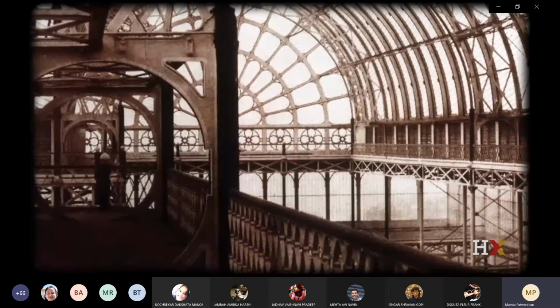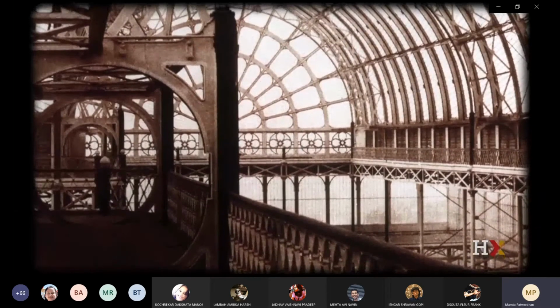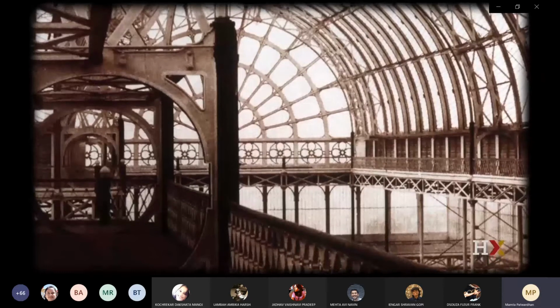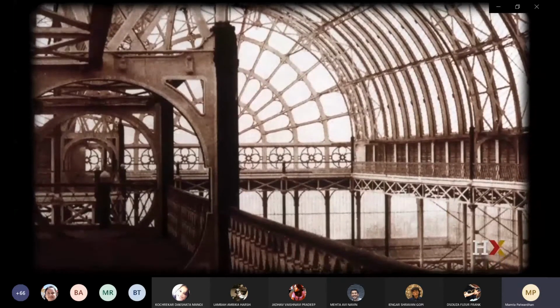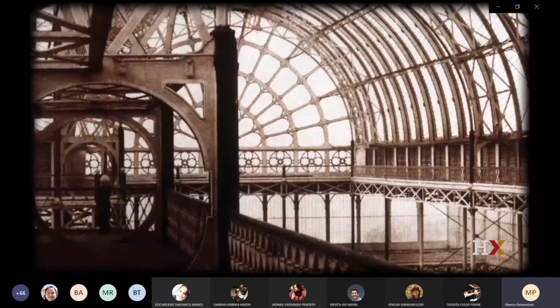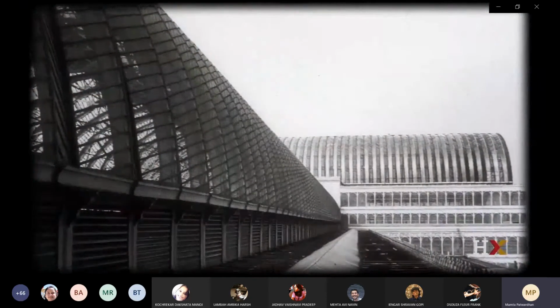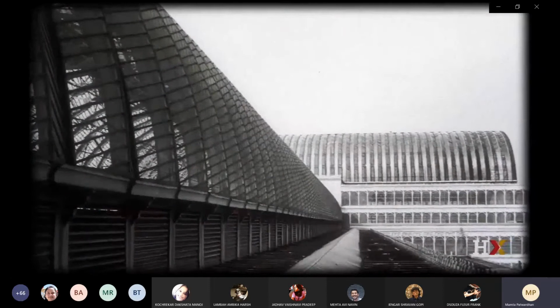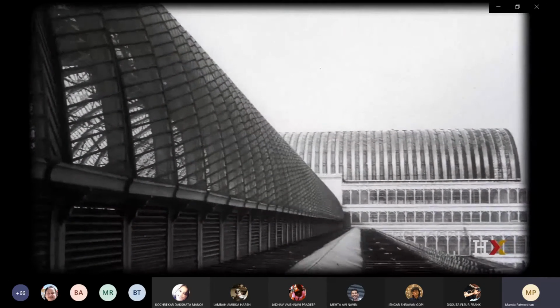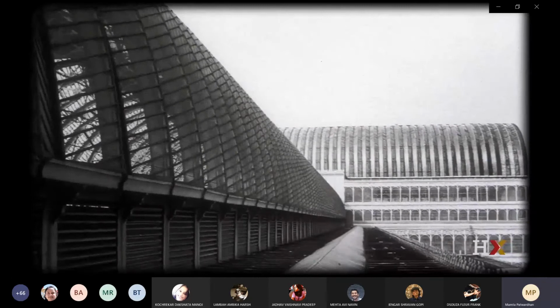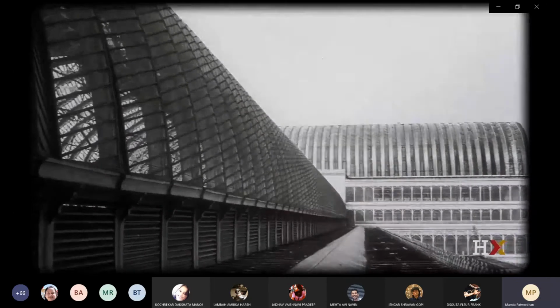But nevertheless, the Sydenham Crystal Palace was to remain also an icon of modernity, and it was photographed in a way suggesting a kind of genealogy between 19th century construction and 20th century modernity. As here, this is a photograph taken by two photographers linked to the modern movement in the United Kingdom. And we can see the suggestion of modernity going from the 19th century to the 20th.